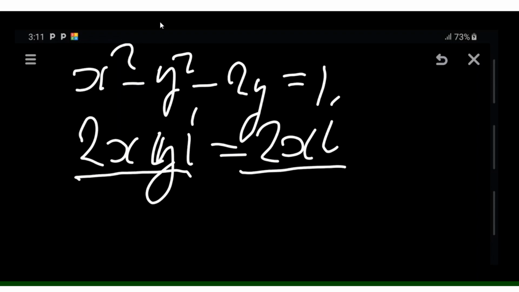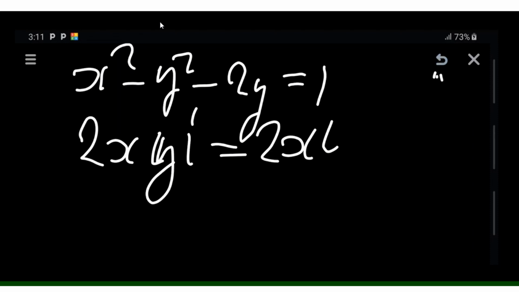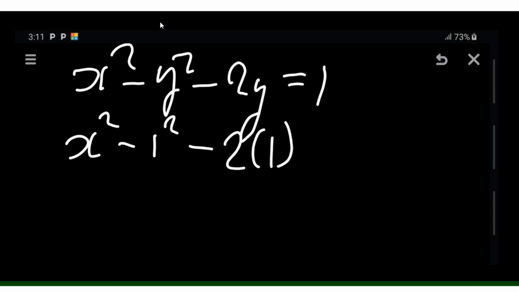So I can start with this one, it is simpler. I'll divide both sides by 2xi, to remain with y. So my y will be equal to 1. So I use the y to find the value of x. Let us replace the y in the top equation. We have x squared minus 1 squared minus 2 divided by 1 is equal to 1.